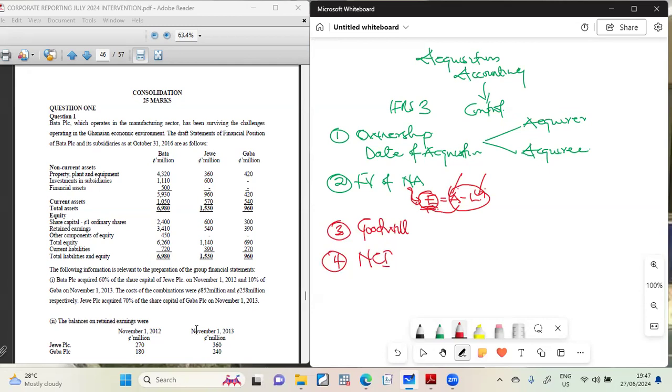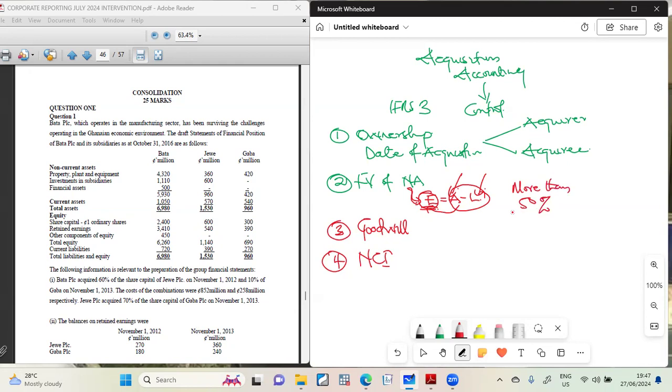It is not required by IFRS 3. You only do this when you have control. So if you don't have control, you won't do acquisition accounting. And control means when you have more than what? 50%. When you have more than 50%. So take note of that.